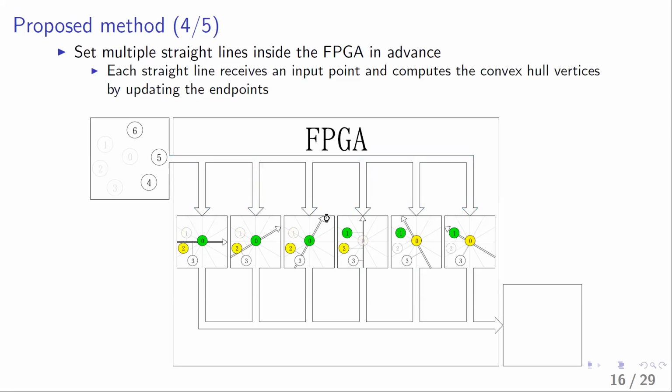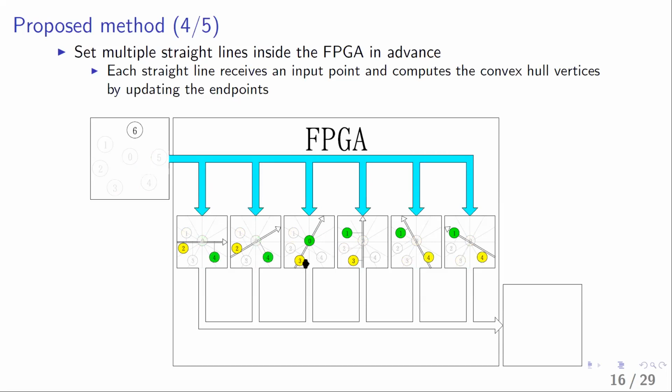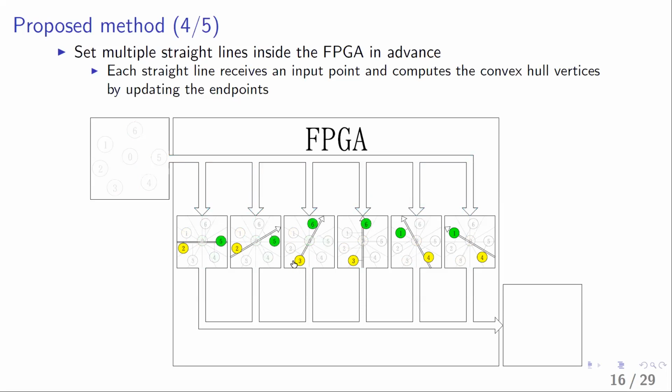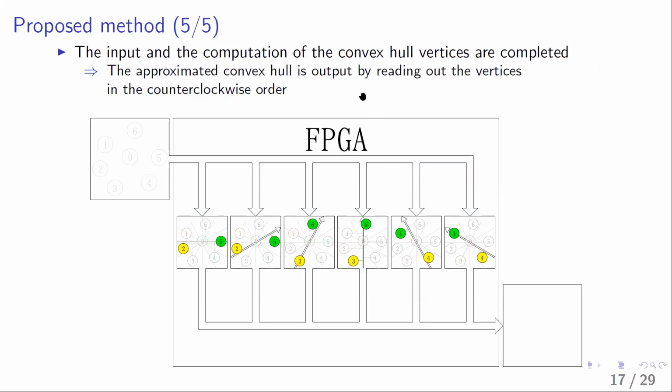Green points are endpoints in the positive direction of the straight line, and yellow points are endpoints in the negative direction of the straight line. Then the input and the computation of convex vertices are completed.